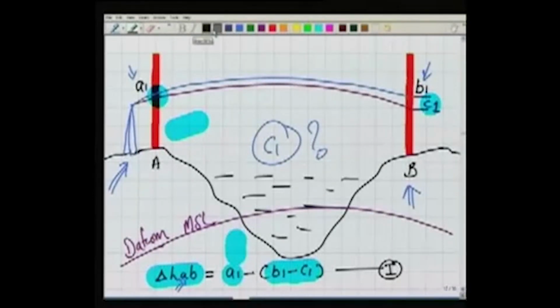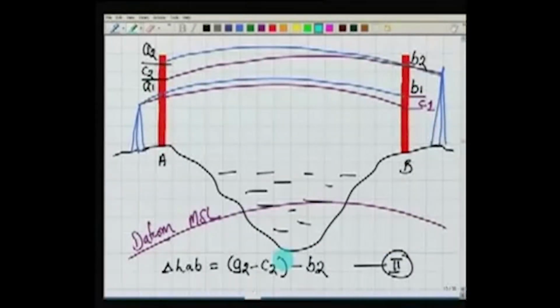If that is not the case, what we can do now, please keep in mind, we have taken this observation and I am writing this as equation 1 here. Then second, we shift the instrument here, take again a B2 observation here and A2 here.